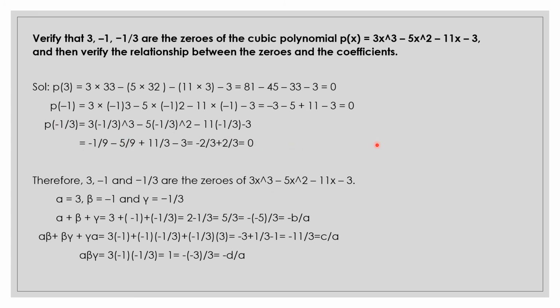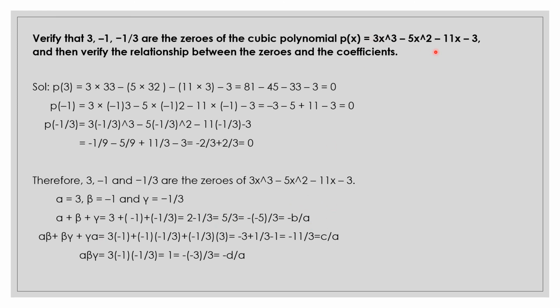And now the most important part, that is the second part of the question. They've asked us to verify the relationship between zeros and the coefficients. Since we know how to verify the relationship for quadratic polynomials, it's going to be easy for the cubic polynomial. Same way, we just substitute the values for alpha, beta and gamma in the RHS, and substitute into the corresponding relation, that is alpha plus beta plus gamma equals minus b by a.